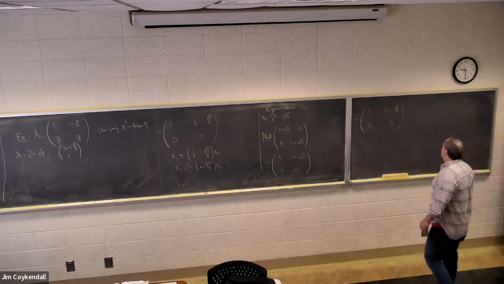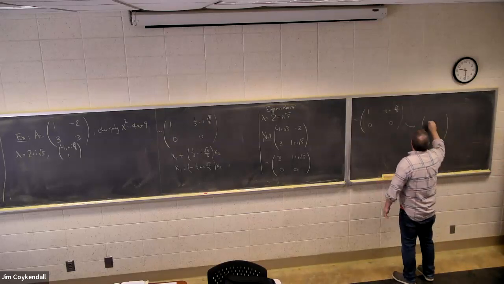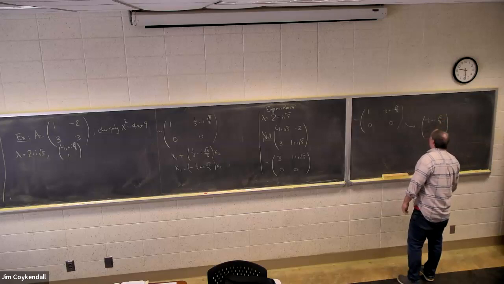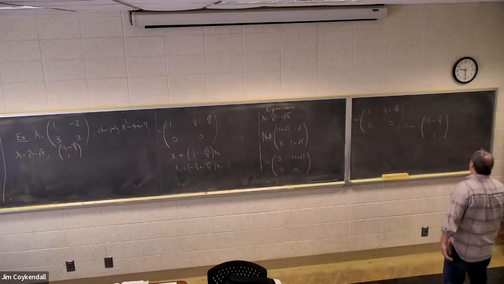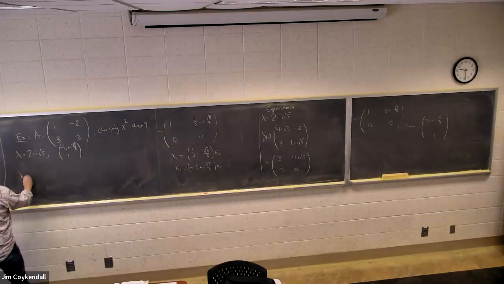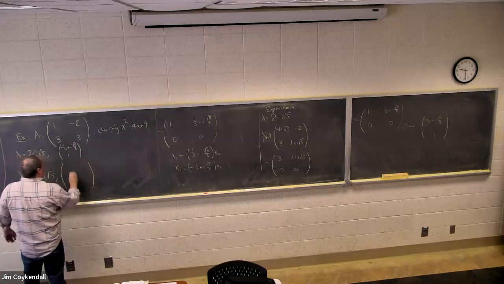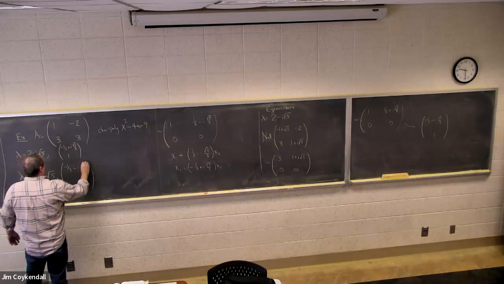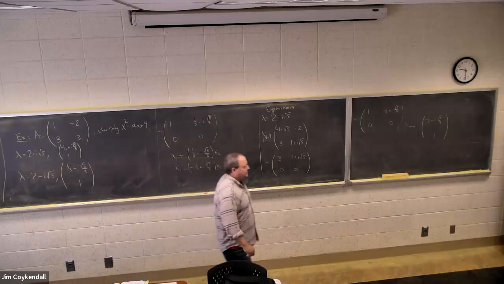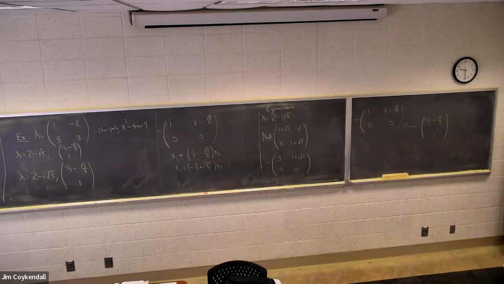And so this time I get the eigenvector, it's easy to check: minus 1/3 minus i radical 5 over 3, 1. So with this, I get the eigenvector minus 1/3 minus i radical 5 over 3. Notice the relationship between the eigenvalues and the vectors.